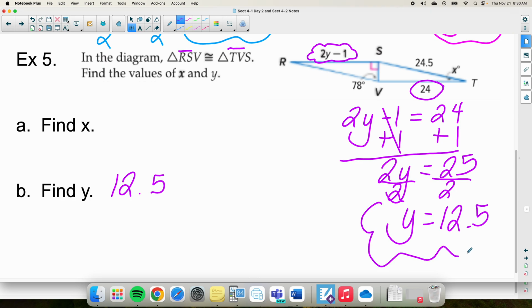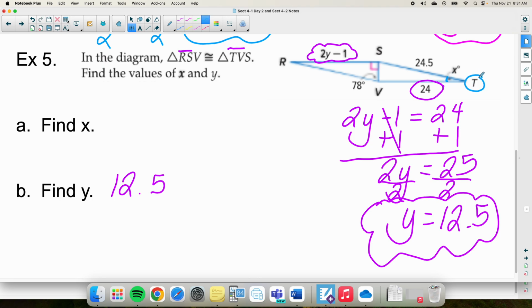All right, then I still have to solve for my x. So when I go to do my x, notice that the x is a degree and it's angle T right here, okay?